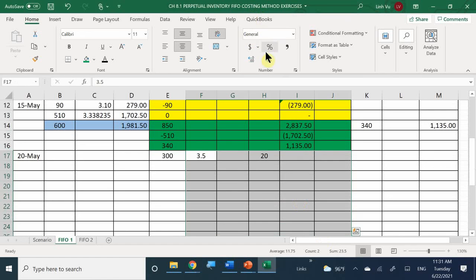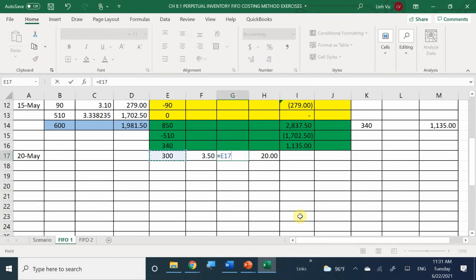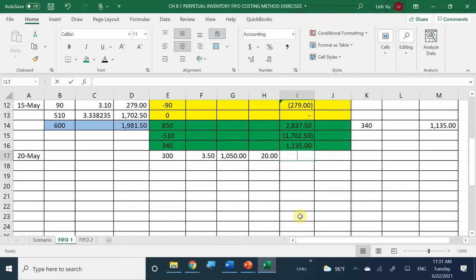So then what's my total purchase price? Okay, so it's 1,050. Plus $20, 1,070.